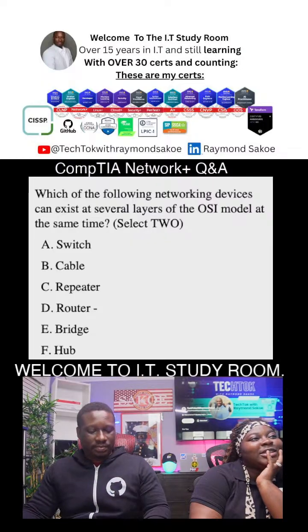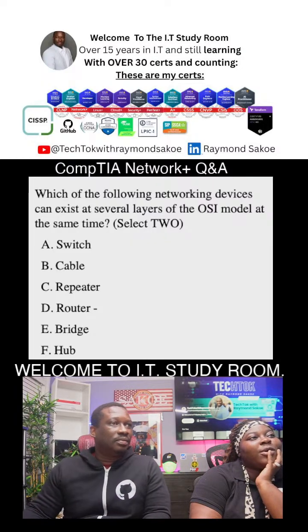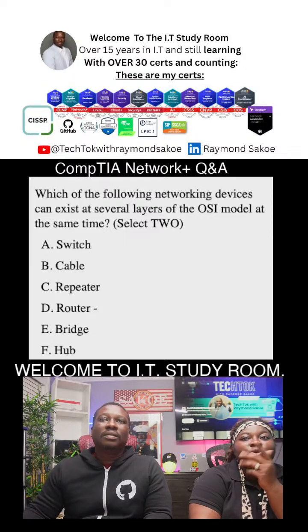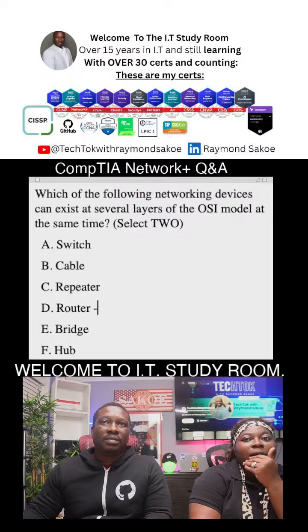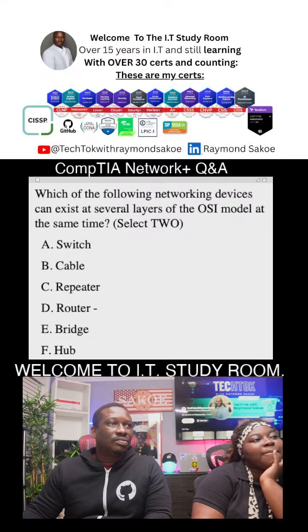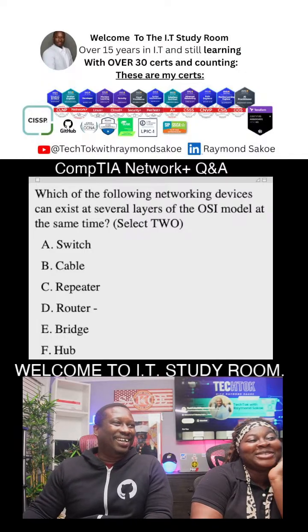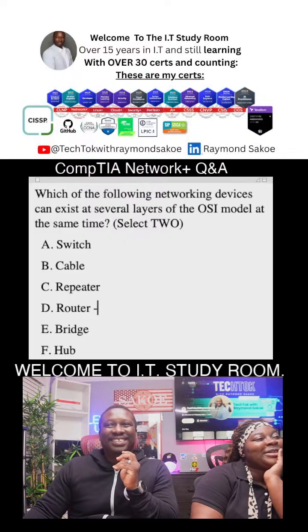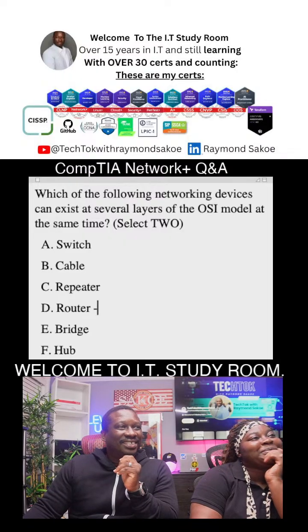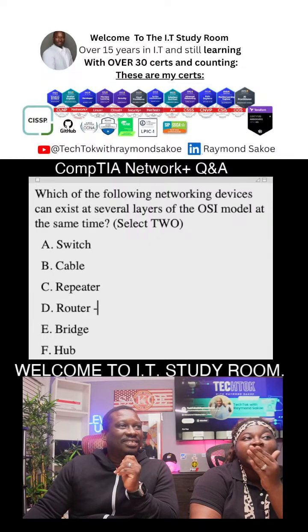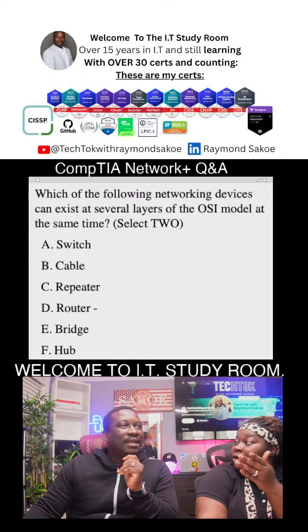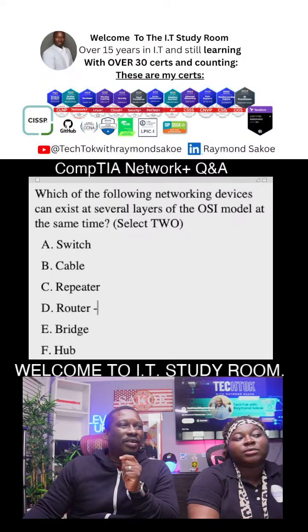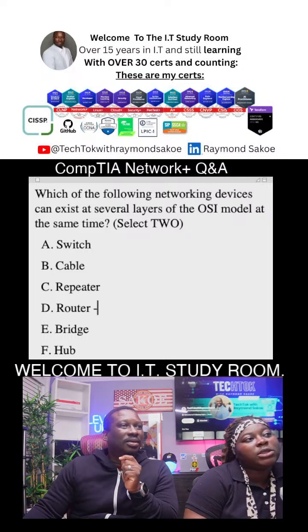MLS is a switch with the routing feature. I have to look it up and confirm. All right.